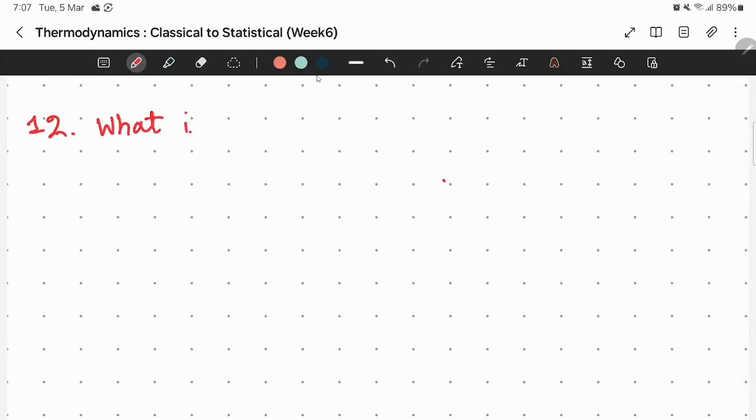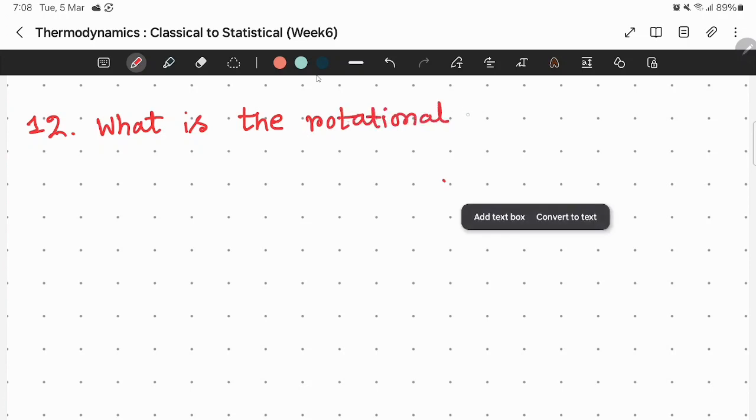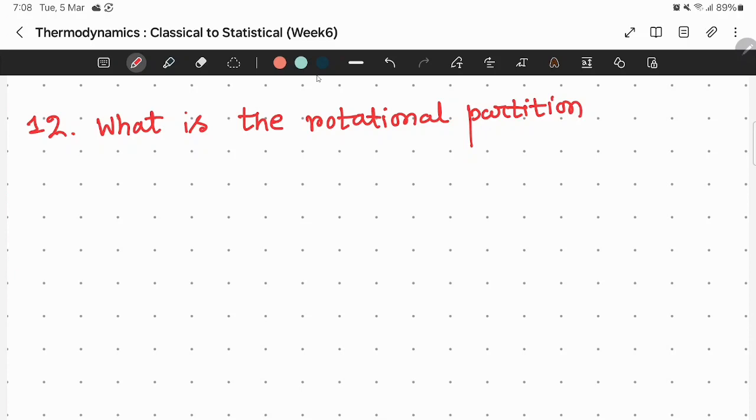Going to the next: what is the rotational partition function of H2 molecules at 300 Kelvin?